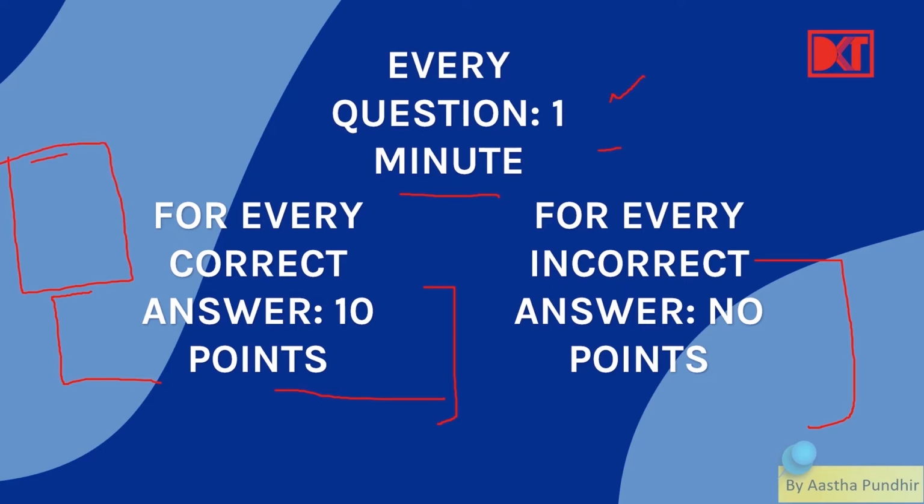Here you write the name of the chapter and then the question, and if it is correct you can give yourself 10 points. If it is not correct, you mark it here. It is important to see the questions which you mark incorrect, and to go back to them later and see where you made the mistake. Alright, this is just for your reference. For every correct answer you can give yourself 10 points. Alright, now let's start.